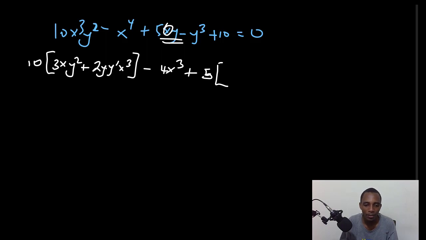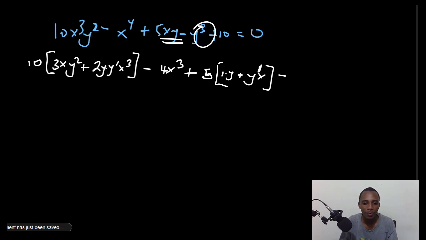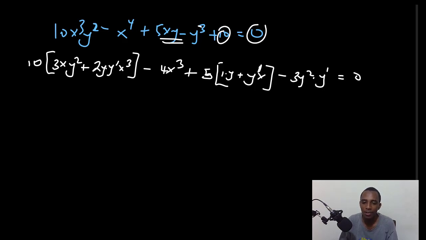So the derivative of x is 1, I keep y constant, plus the derivative of y is y prime, I keep x constant, minus the derivative of y cubed, that's 3y squared times y prime, and then the derivative of 10 is 0, the derivative of 0 is 0, so there we have it.